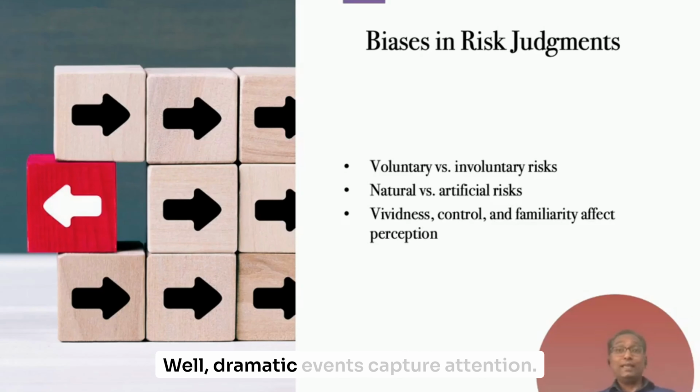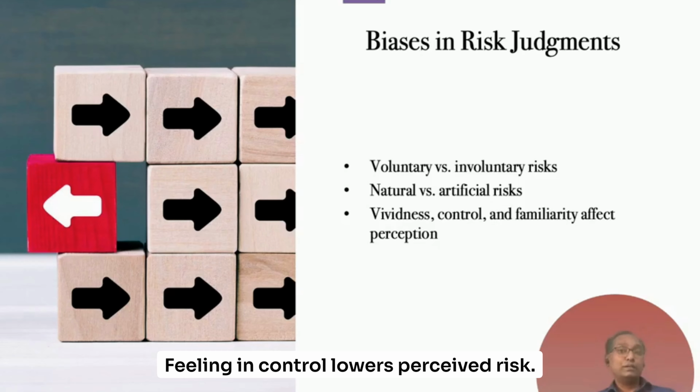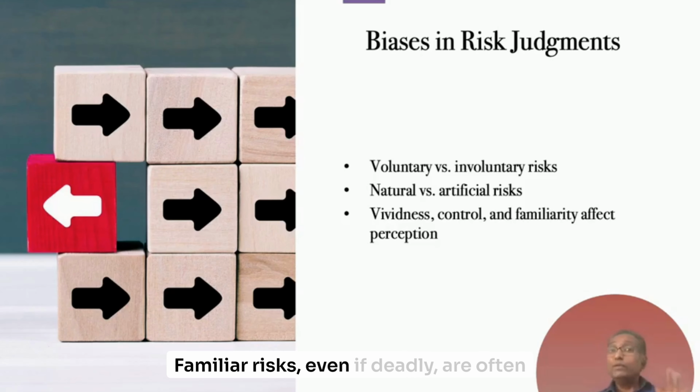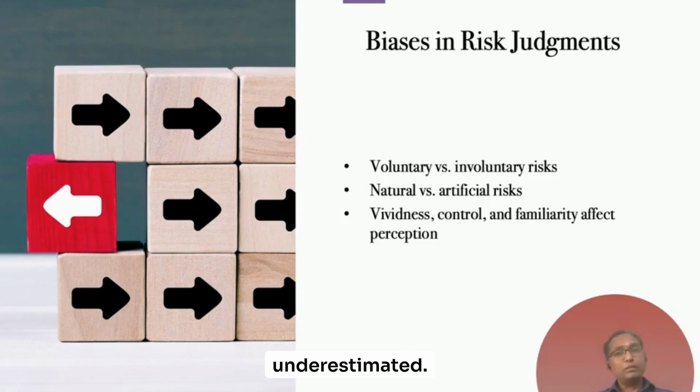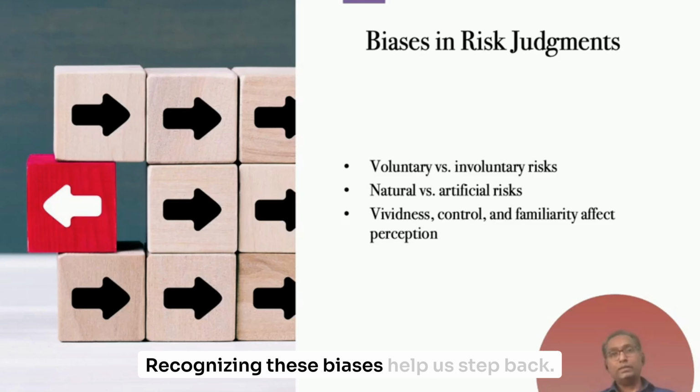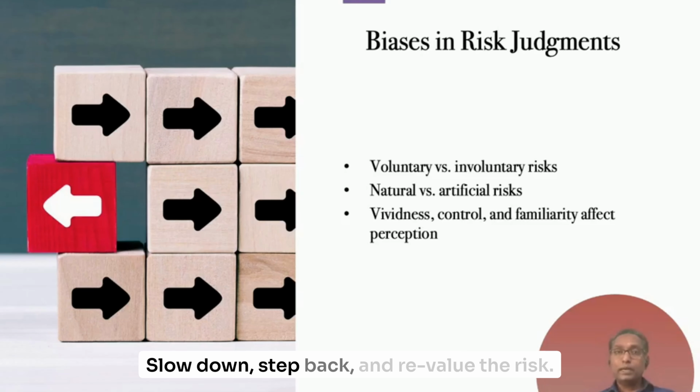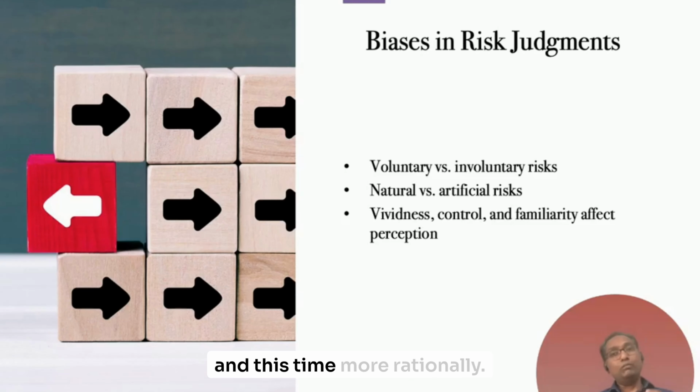Vividness. Dramatic events capture our attention. Feeling in control lowers perceived risk, like driving yourself. Familiarity. Familiar risks, even if deadly, are often underestimated. Recognizing these biases helps us step back. Again, critical thinking: slow down, step back, and reevaluate the risk, and this time more rationally.